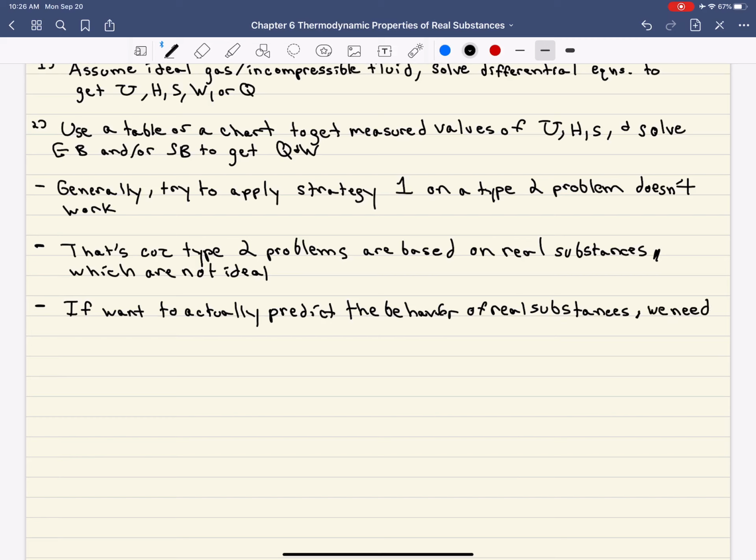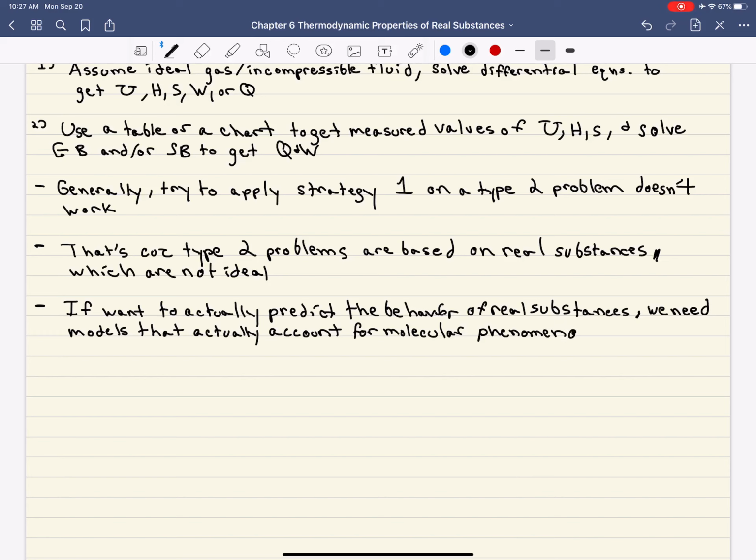So we need models that actually account for molecular phenomena.